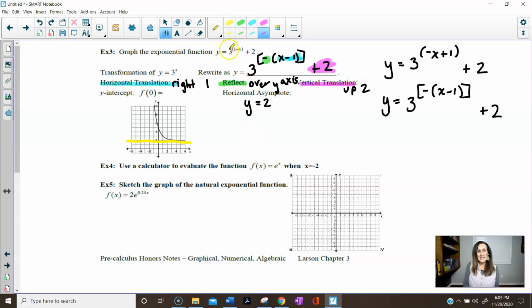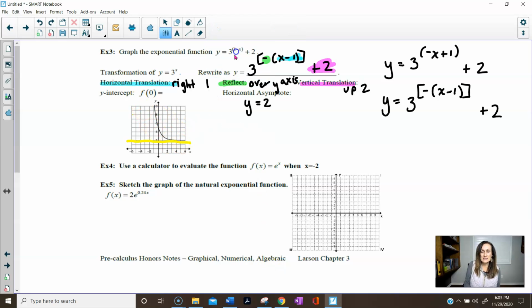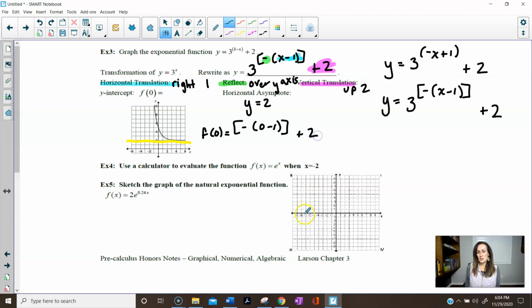All right, y-intercept. Y-intercept is where does this graph cross the y-axis? So this is going to be f of 0. If you take f of 0, this would be f of 0 is equal to 3 raised to the opposite of 0 subtract 1, and then you've got plus 2.